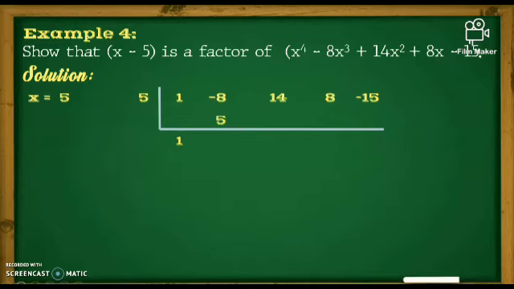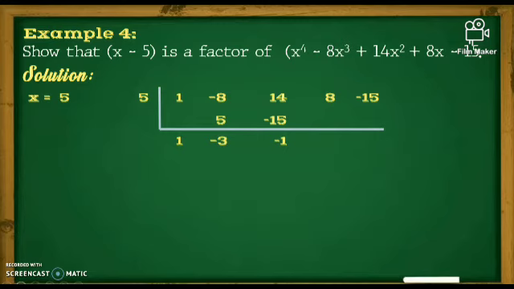Write down the product at the second column and add the two numbers on the second column. So negative 8 plus 5 is negative 3. Negative 3 times 5 is negative 15. Then add 14 and negative 15 gives us negative 1.